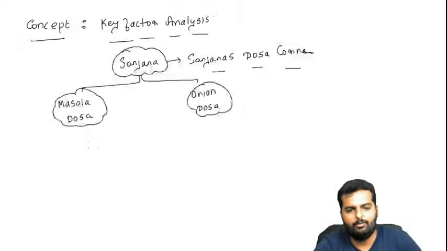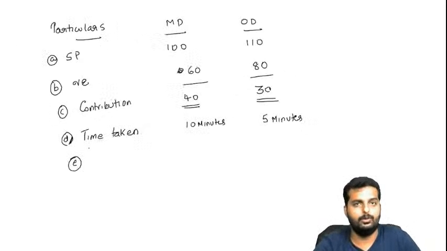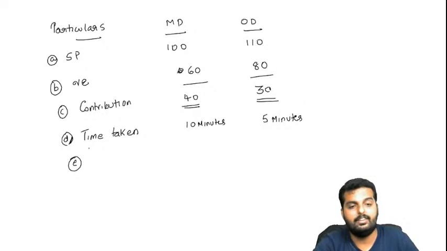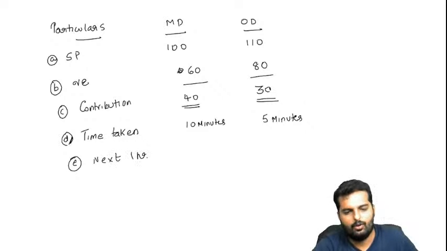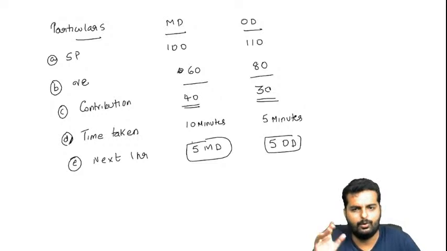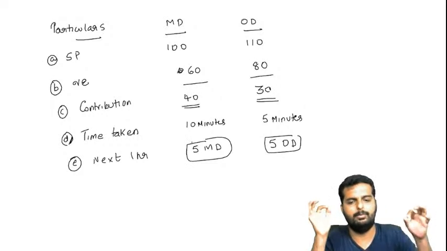Now, suddenly one guy comes to Sanjana's restaurant and gives an order. He says in the next 1 hour he wants 5 masala dosa and 5 onion dosa. Please interact with me.